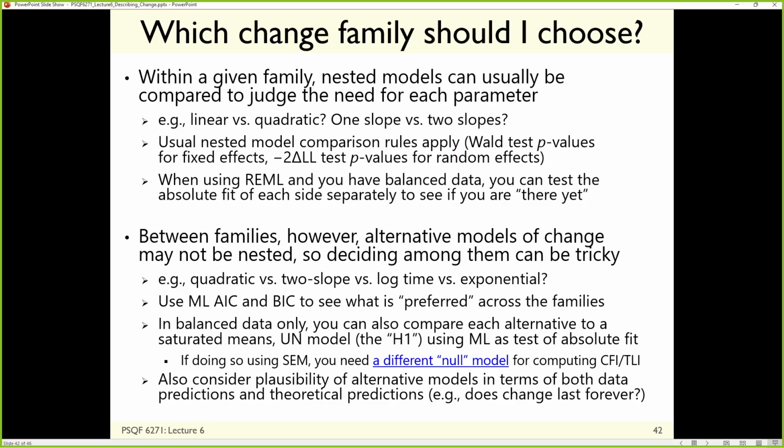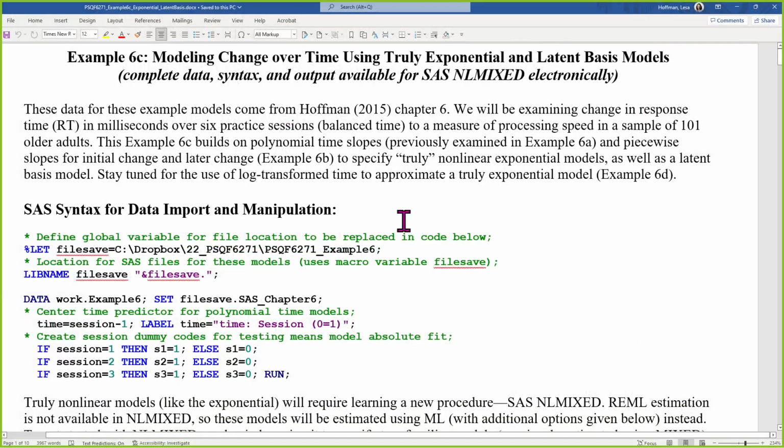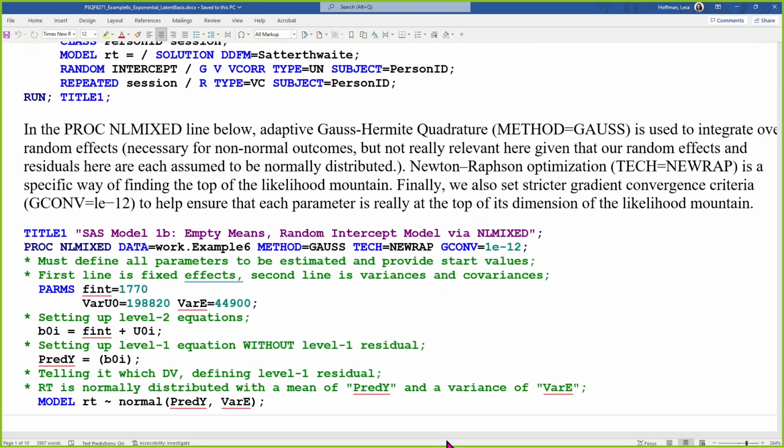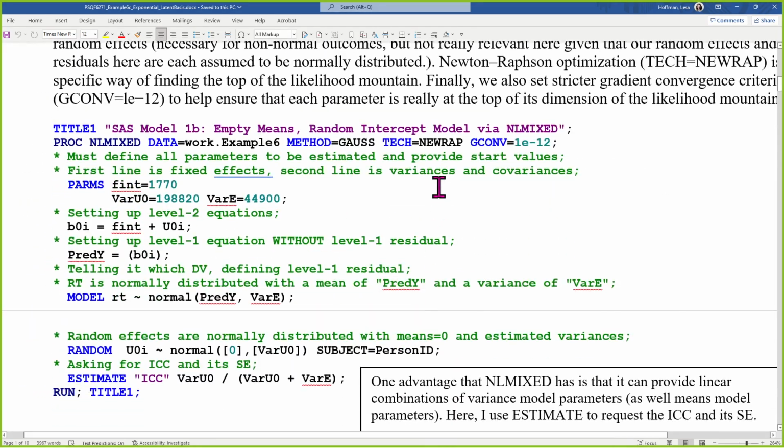And in example C, this is example C here, I'm going to make a video about this and post it separately. But just to give you a flavor of what this looks like, NLMixed code looks similar to what you've probably seen in Stan or JAGS or any of those other Bayesian programs where you have to write everything out. In NLMixed, you have to write out all the parameters that you want to estimate and give them start values.